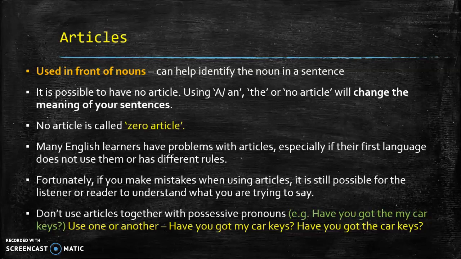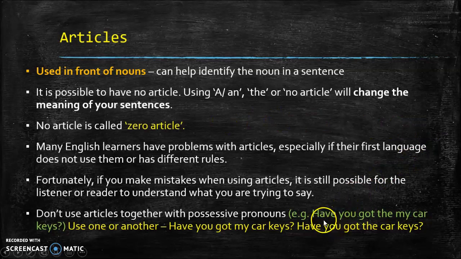But fortunately, English speakers, when they are listening to you talk, can understand what you're trying to say most of the time. So it doesn't greatly impact your ability to communicate if you do make a few little mistakes. Just remember though that you don't use articles together with possessive pronouns.